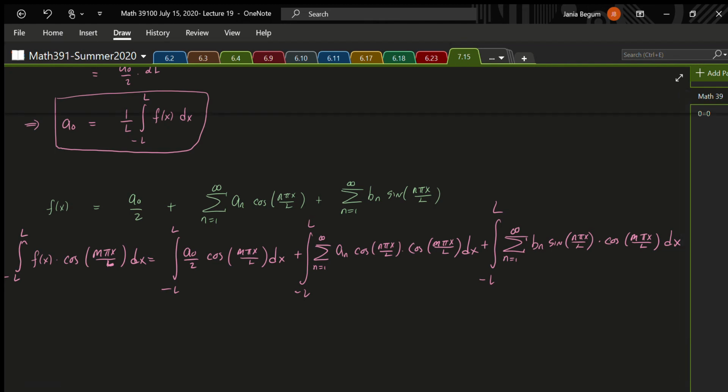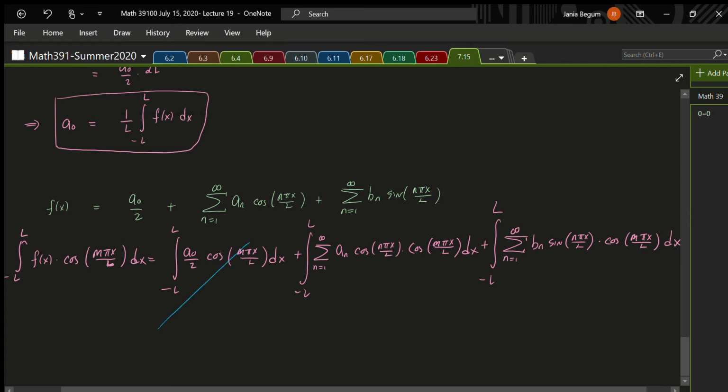Do you guys agree that this will go to 0, because you're integrating cosine on a symmetric interval? Yep, okay. Let's hold on to the second one.